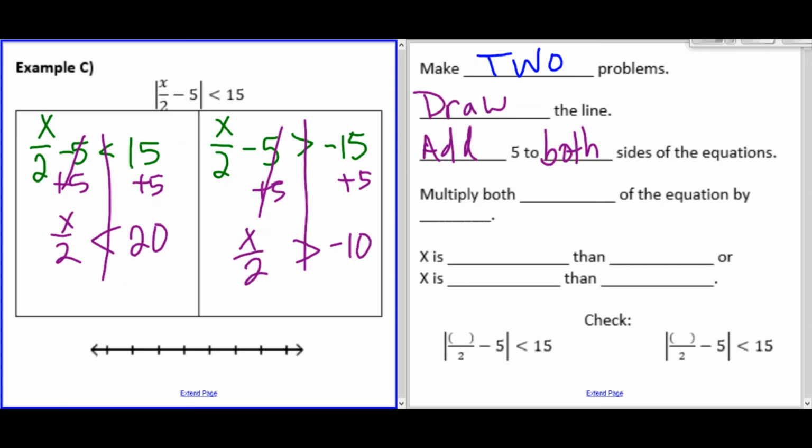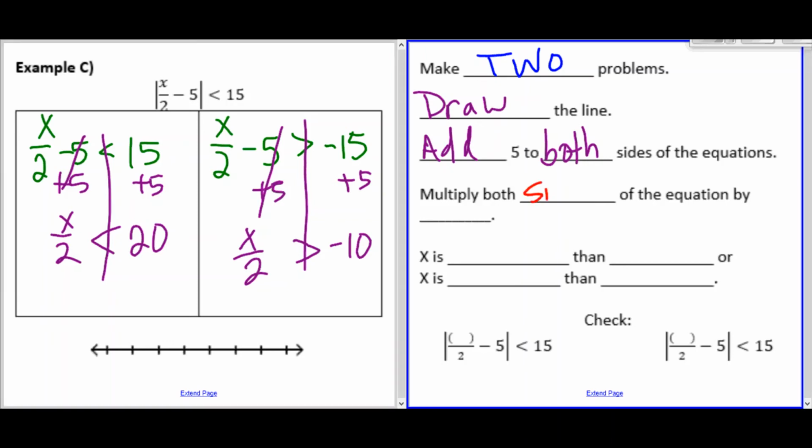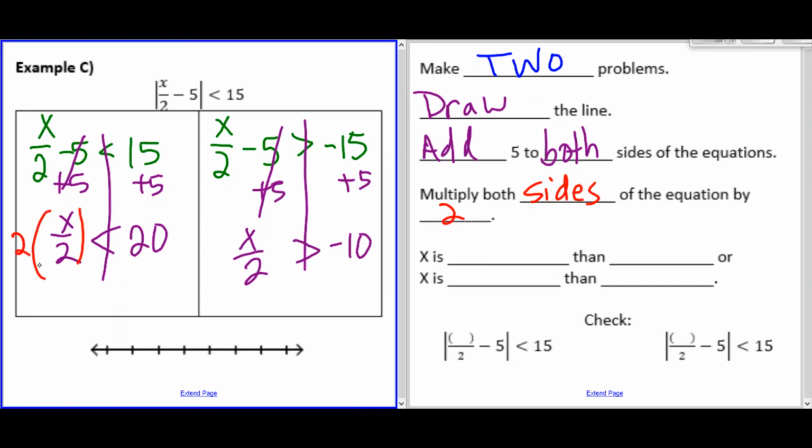The second step is, I have x divided by 2, so I need to undo the division by 2 by multiplying. I want to multiply both sides of the equation by 2. Multiplying undoes the division. So multiply everything by 2.